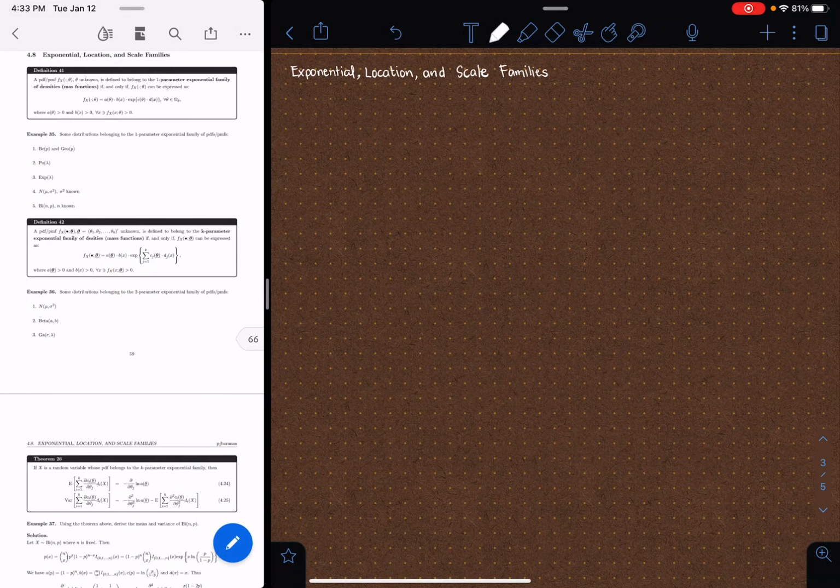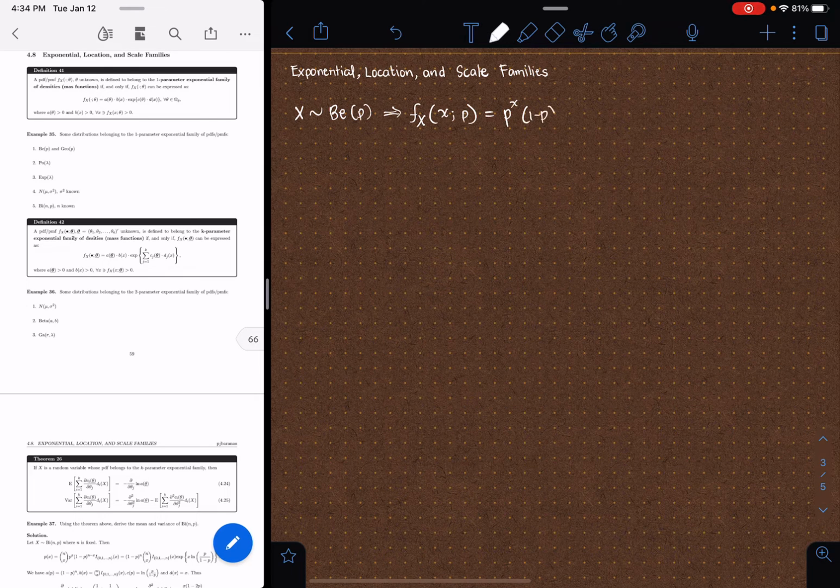If x follows the Bernoulli distribution with parameter p, then let's just write its mass function as f sub x of x, which is a function of the parameter p, is equal to p to the x times 1 minus p raised to 1 minus x times the indicator that x is either 0 or 1.